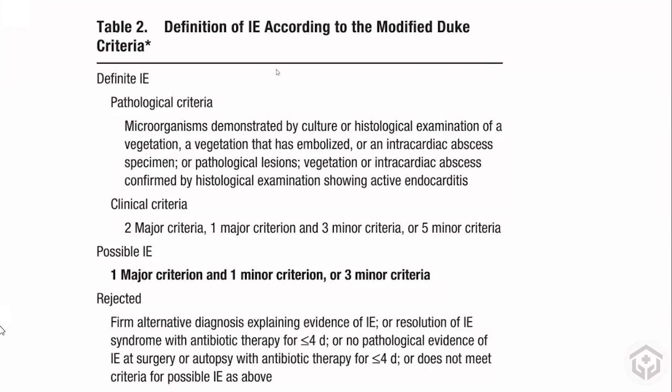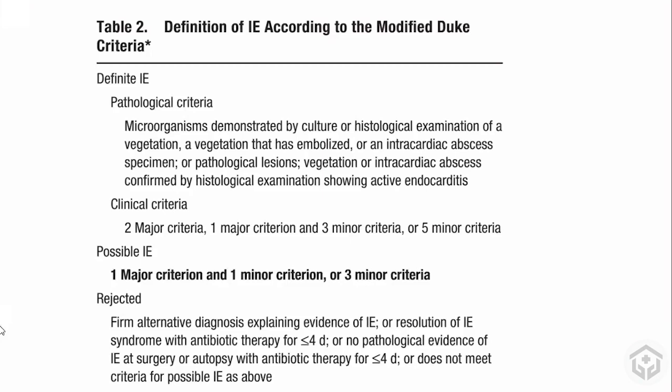One is the pathological criteria, the other is the clinical criteria. For the pathological criteria, we take out the vegetations or some intracardiac abscess or lesions, and by histology or microbiology we confirm the presence of organism. So if it is there, that is definitive infective endocarditis.